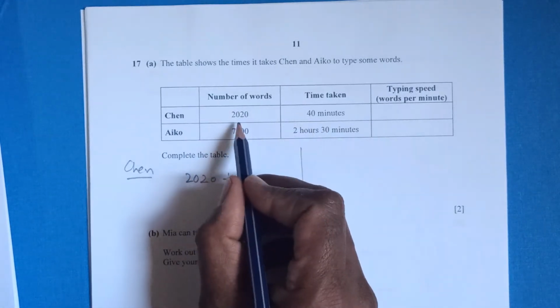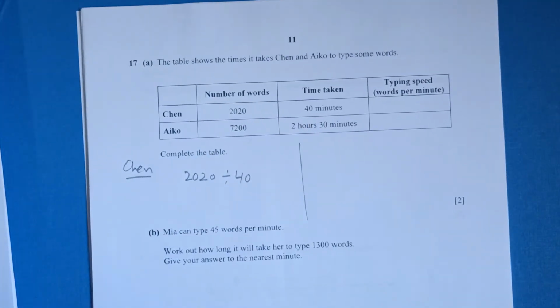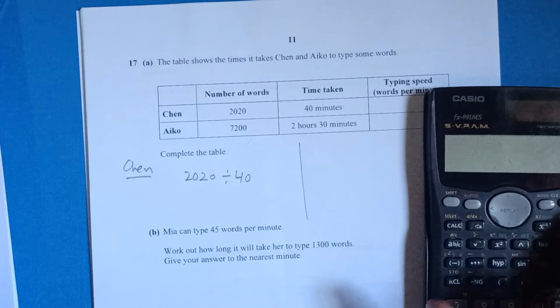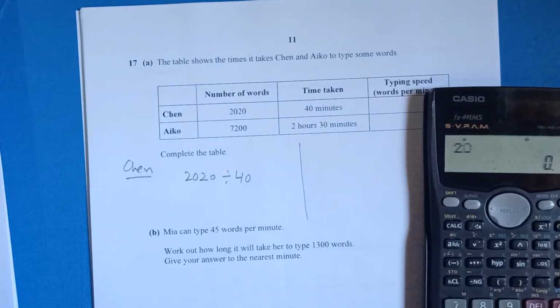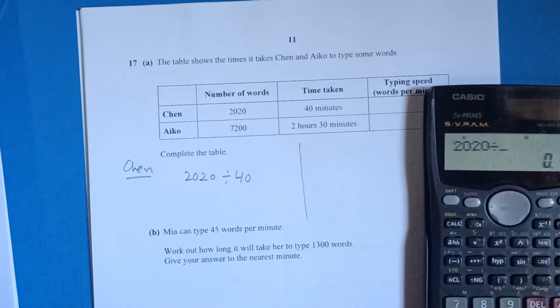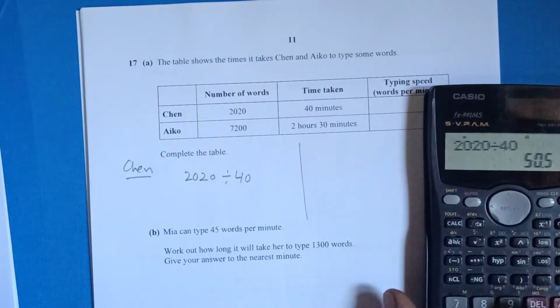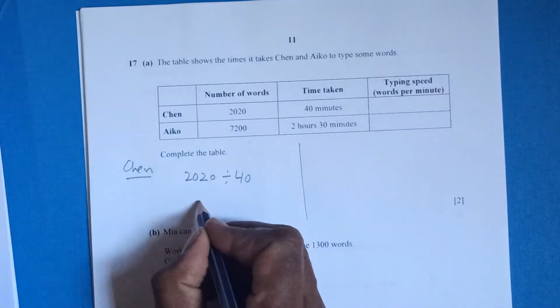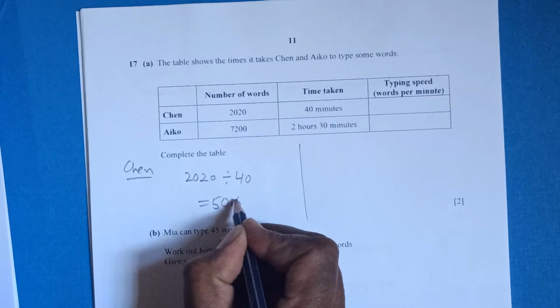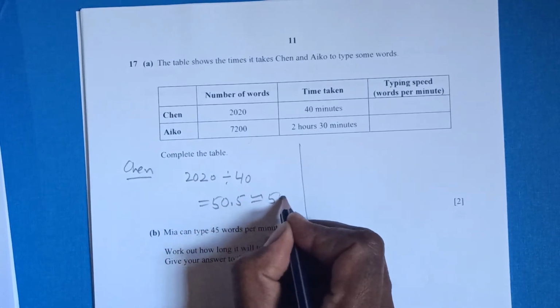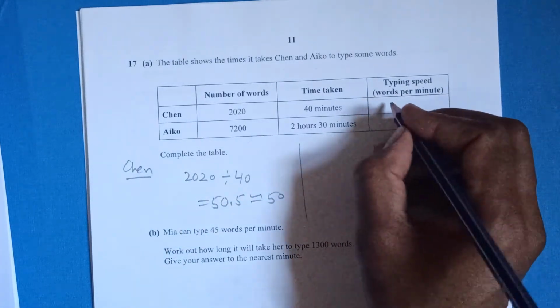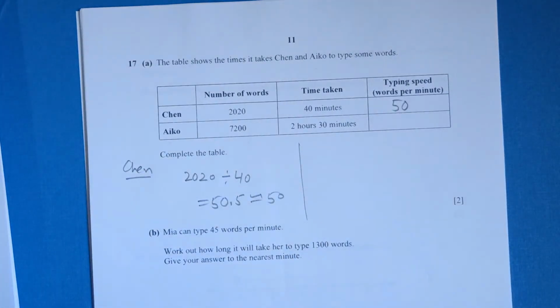In 40 minutes he types 2020 words. So in 40 minutes how many? So divide 2020 by 40. You get 50.5. So approximately 50. So we can write down 50 here.